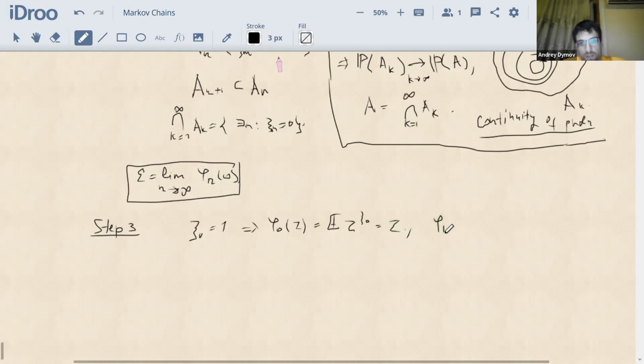What is phi 1? This is the expectation of z to the power psi 1. If psi 0 was 1, this is eta 0 1. But what is this? This is exactly the generating function for the variable eta 0 1.